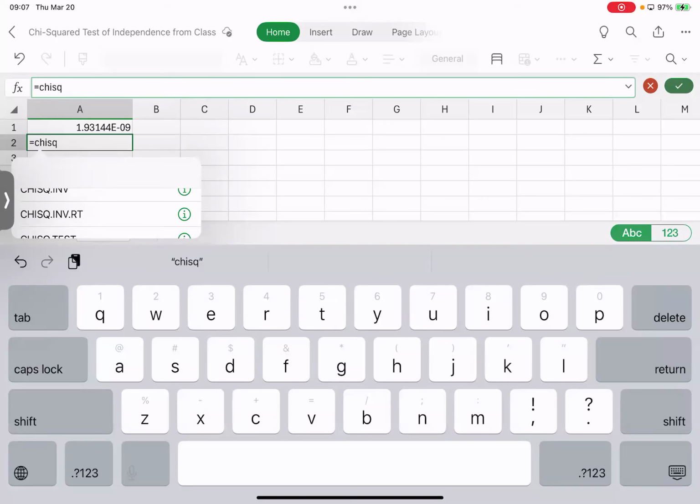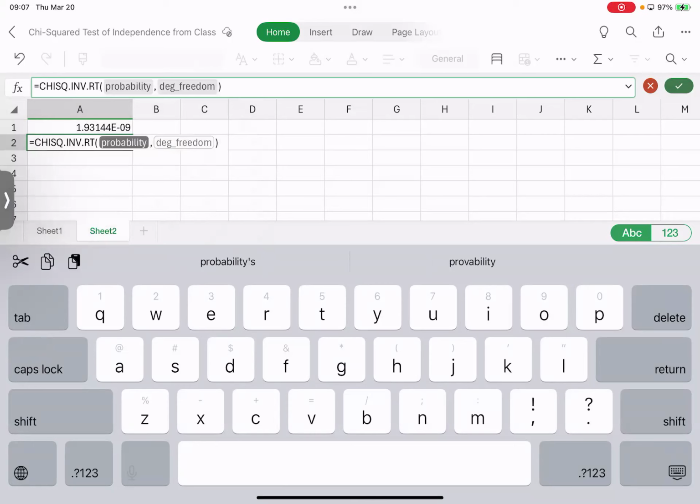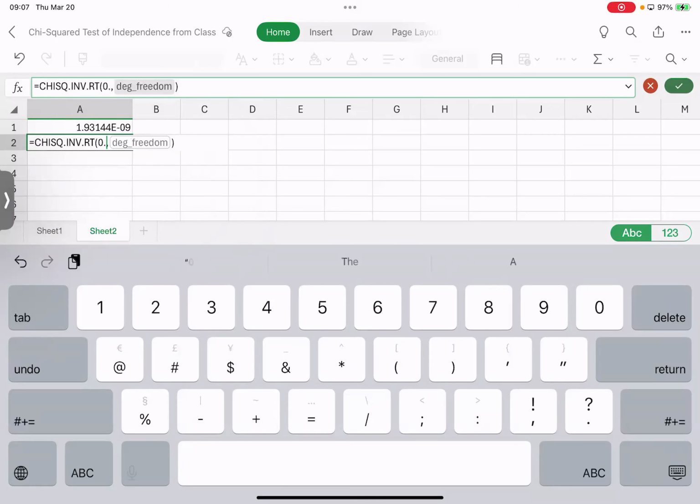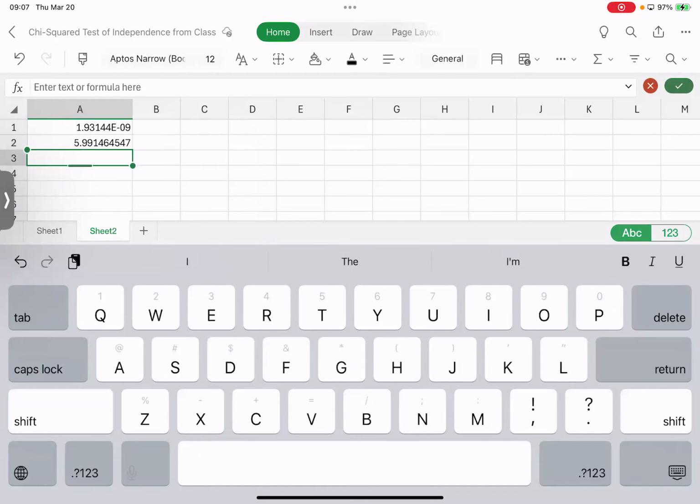Any guesses? Pretty sure I give it the area in the right tail and it returns the chi-squared that makes that happen. So let's do that. The probability is going to be 0.05, and I still need 2 degrees of freedom. This tells me that a chi-squared past 5.99, then I would start rejecting H naught.